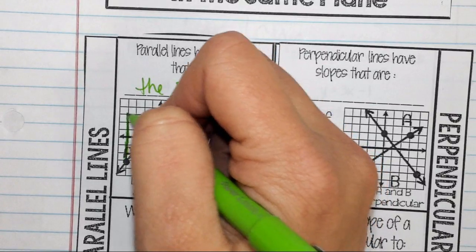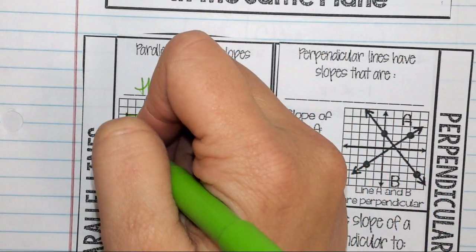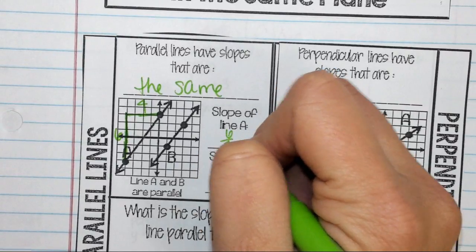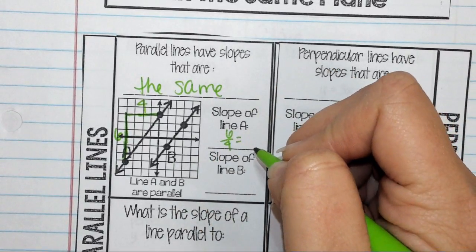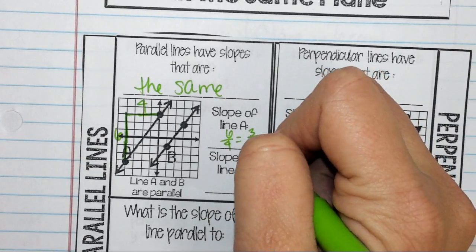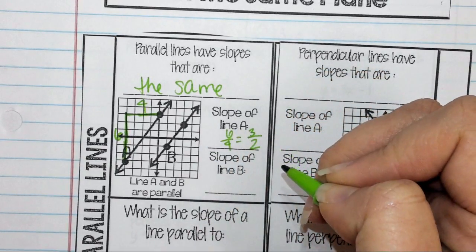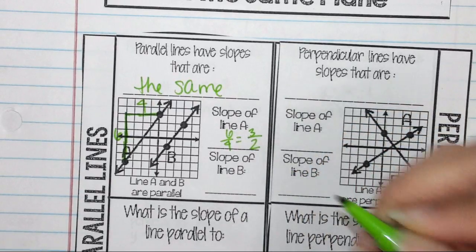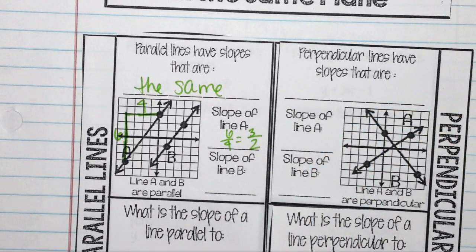Yep, and then how many do we run? So then that's 6 divided by 4, which reduces to what? 3 what? 3 halves, 3 seconds, yeah. Okay, can you guys find the slope of line B without me?